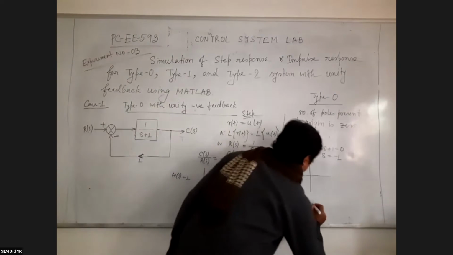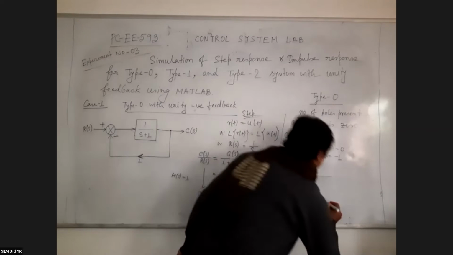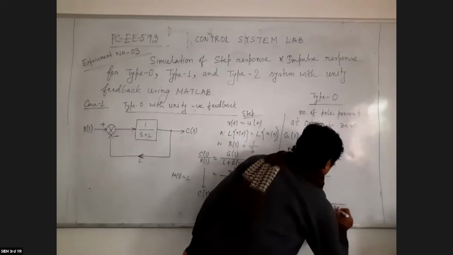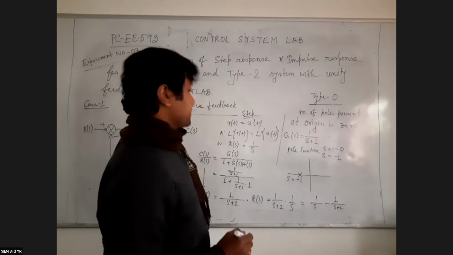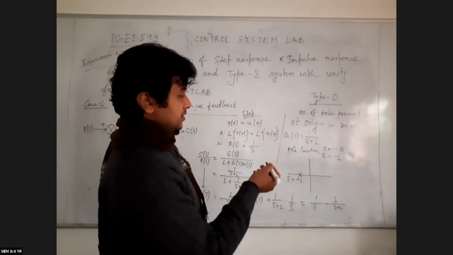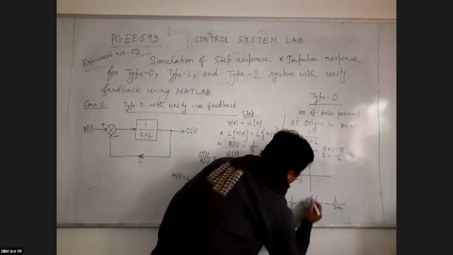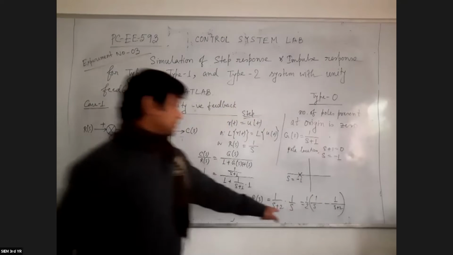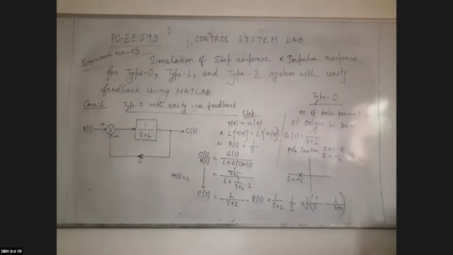Now we have to take the calculation. Just to split it, 1 by s into s plus 2: s plus 2 minus s, so s is cancelled out and 2 will be there, so here you take only half. Is it visible now? Yes, this is visible.